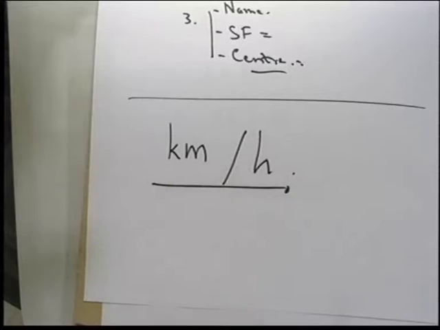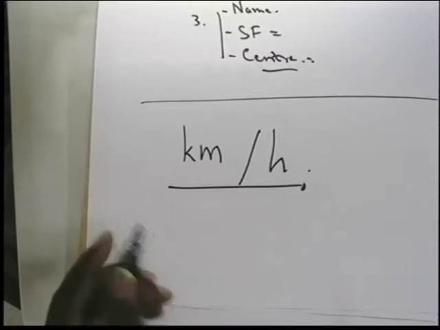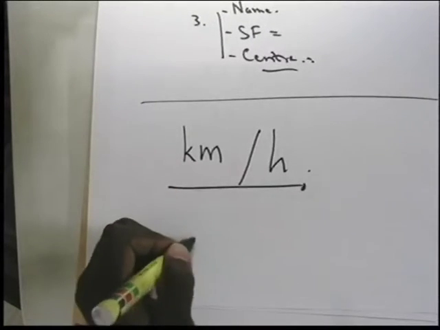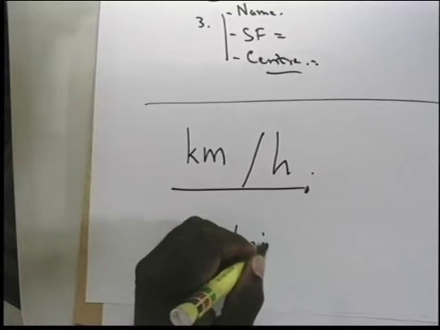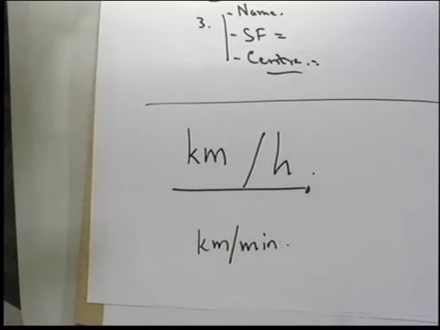But then during the course of the question, you may be required to give your answer in kilometers per minute, meaning you need to know the conversion between hours and minutes, and indeed between minutes and seconds. So we need to be able to do those conversions correctly.